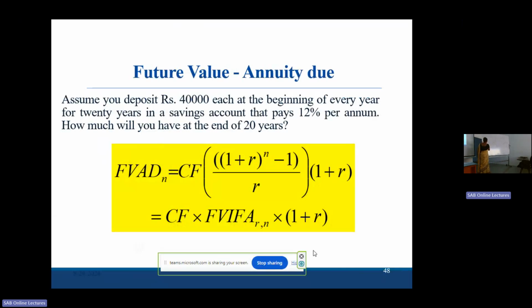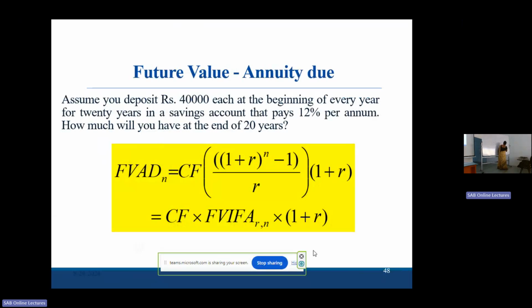If you apply the formula, the future value of this annuity at the end of year 3, for the ordinary case, is equal to 1,000 into (1.1 to the power 3 minus 1) divided by 10%. So you will get the same answer. If you apply the annuity due formula here, the future value of the annuity due is equal to 1,000, the cash flow, into (1 minus 1.1 to the power 3) divided by 0.1.